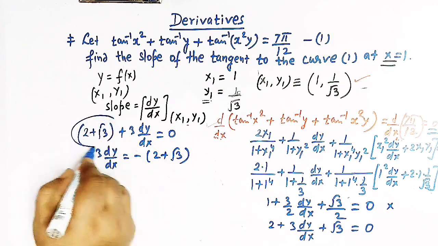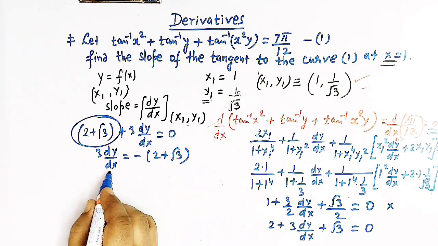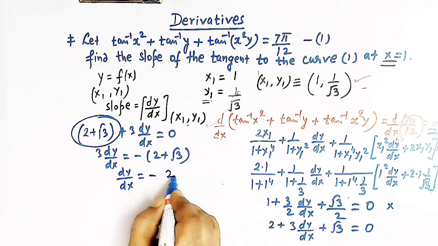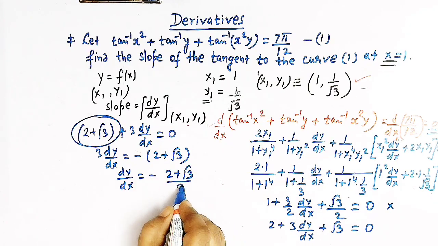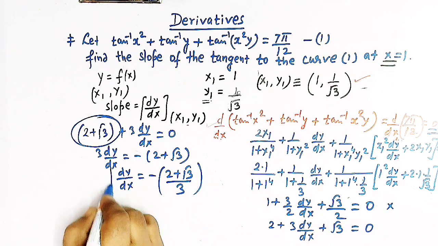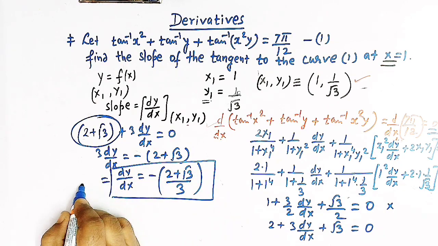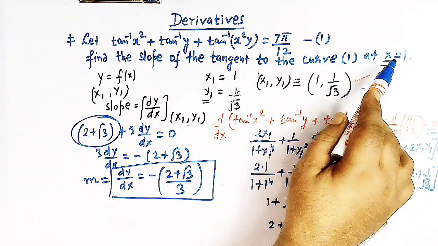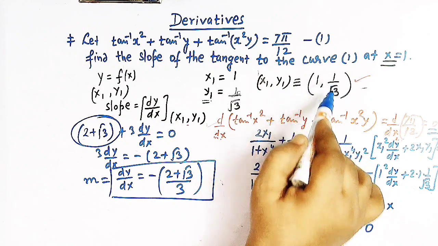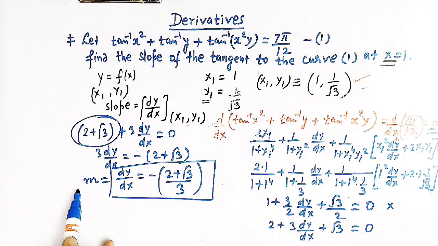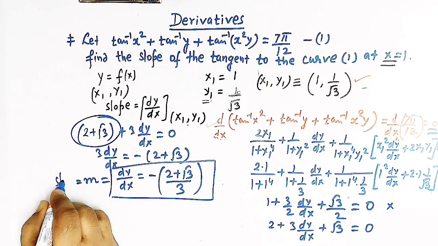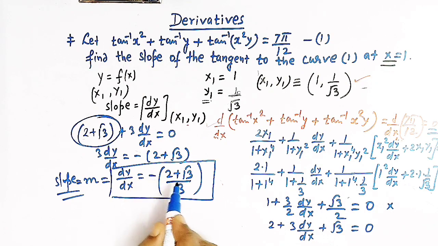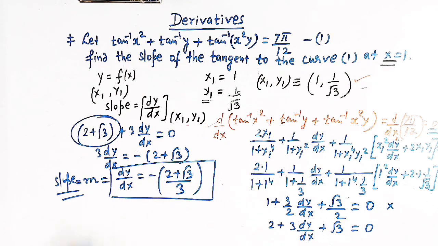So taking this term to the right hand side, we have now dy over dx is minus 2 plus square root of 3 over 3, right? So this is the slope m of the tangent to this curve at this point, that is 1 comma 1 over square root of 3, right? So the slope m is given by dy over dx equal to negative of 2 plus square root of 3 over 3.